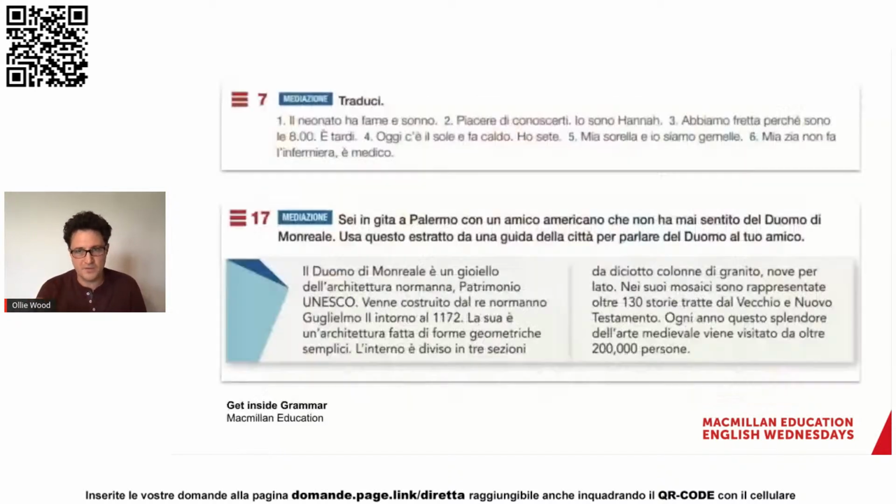With the first example that I showed you, number 7 here, it would be easy to dismiss mediation as just another word for translation, or just another translation exercise. However, with this activity, number 17 in front of you, you can see that this really is not the case.